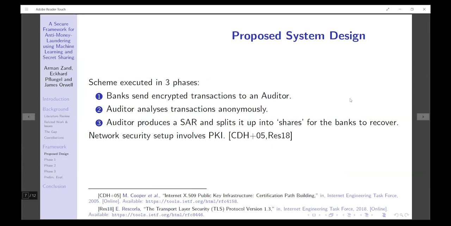So we have a proposed system design of 3 phases. Phase 1 is where the banks send encrypted, or redacted, transactions to an auditor. That is to say that in this scheme, we have 2 types of entities involved. We have the banks, multiple banks that send transactions to a single auditor, and this auditor will not be able to decrypt the transactions or infer information about any of the information that is sent to it by the banks.